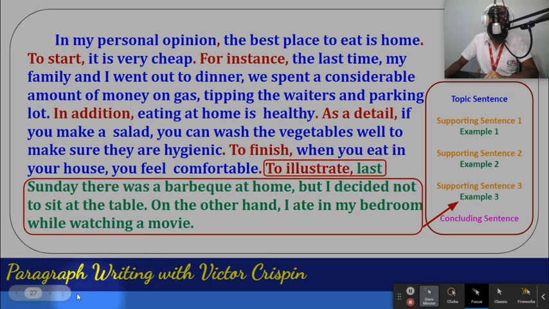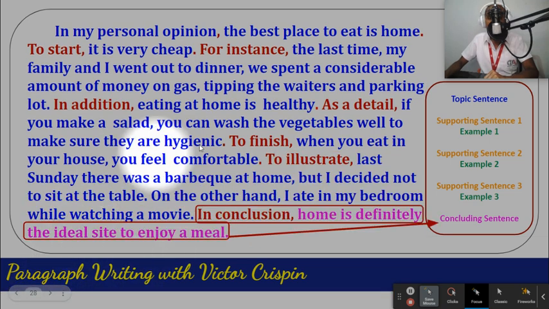Now we are going to see the concluding sentence. I have this connector in order to introduce my concluding sentence, which says, in conclusion, home is definitely the ideal site to enjoy a meal. As you can see, my concluding sentence is quite similar to the topic sentence, the one that says the best place to eat is home. The idea is basically the same, but I use other words.